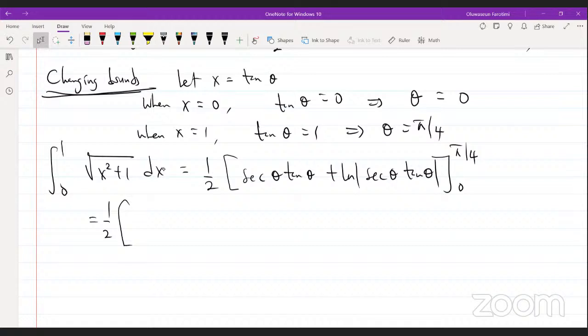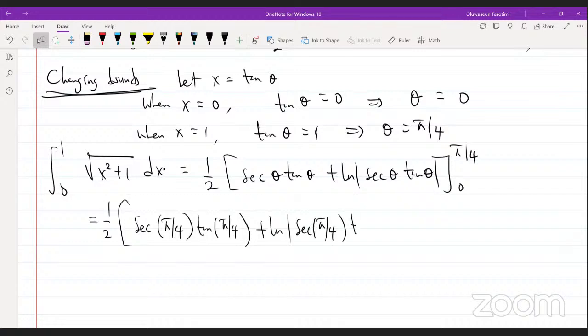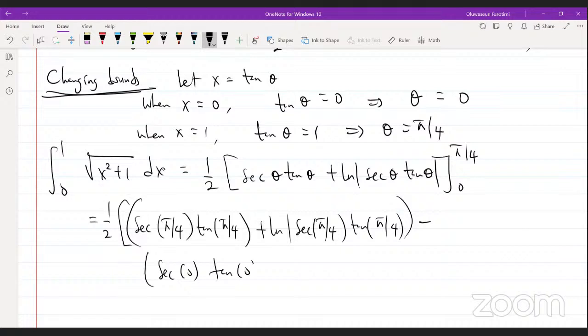All right. Now, what is secant of pi over 4? Secant of pi over 4 is just, okay, so let me just go this way. Tan pi over 4, right? Plus ln of, you have a secant of pi over 4, tan of pi over 4. Okay, so that's the top, right? Minus, what about the bottom? The bottom is going to be a secant of 0, tan of 0, right?